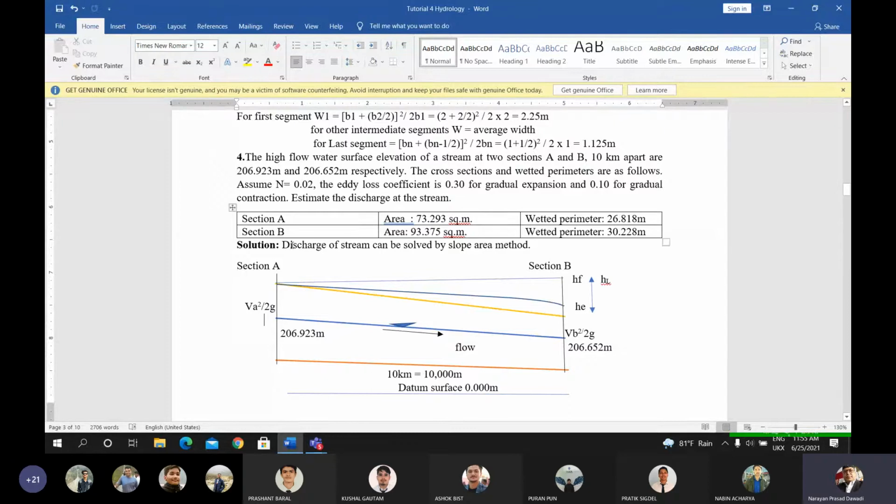Now the velocity of the flow of water at section A is VA, and the velocity of flow at section B is VB.